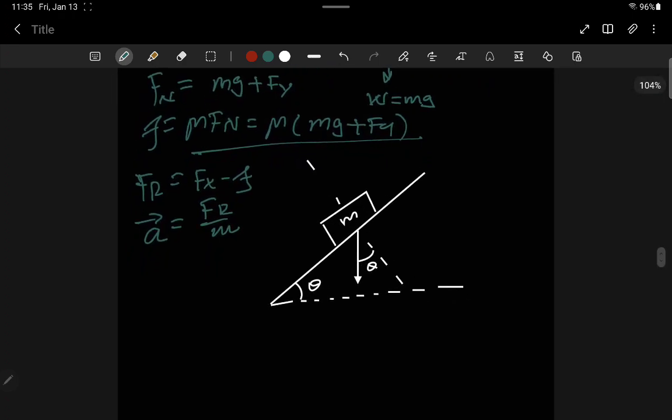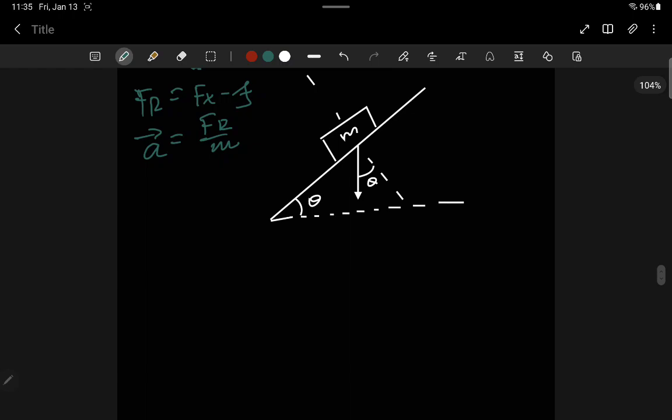There's another situation here. Now, there is a mass on a ramp inclined by an angle theta. This time, you are going to have a component of the weight. I'm going to draw the weight again here. So the weight is something like this, vertical, and the vertical weight is resolved this way.